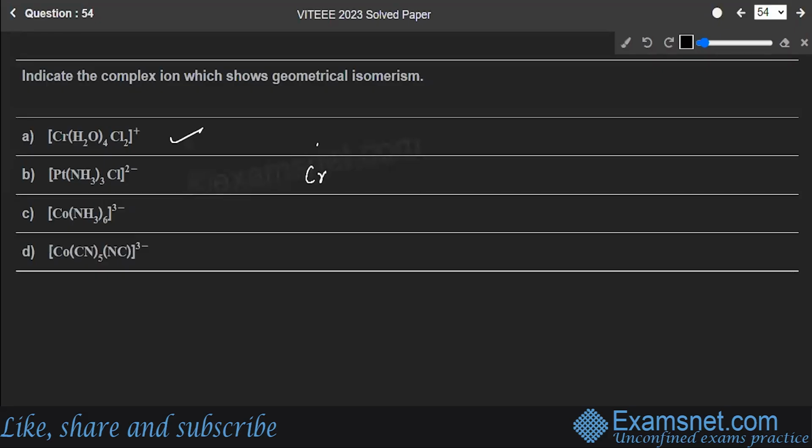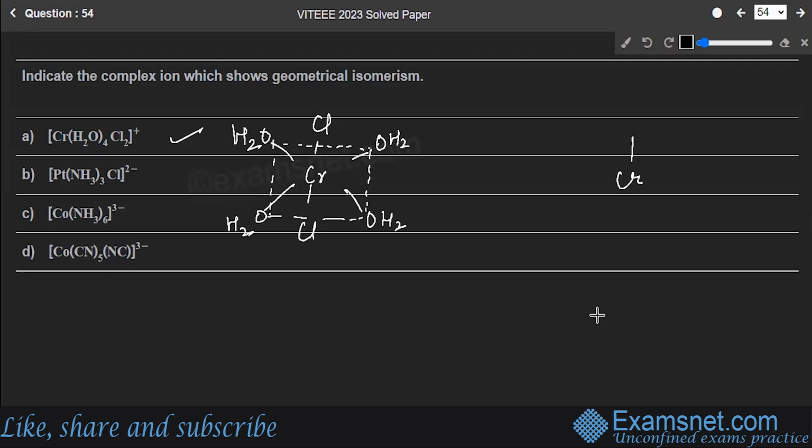Here is your chromium. This is Cl, Cl, OH2, OH2, and this can be written something like this. And Cr, Cl, Cl, you have water molecules over here, and like this.